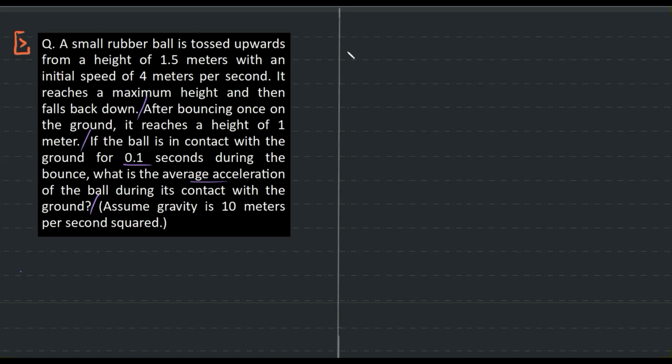It's a good question. So let me. What we have here is a ball. A rubber ball is tossed upward from a height of 1.5 meters.